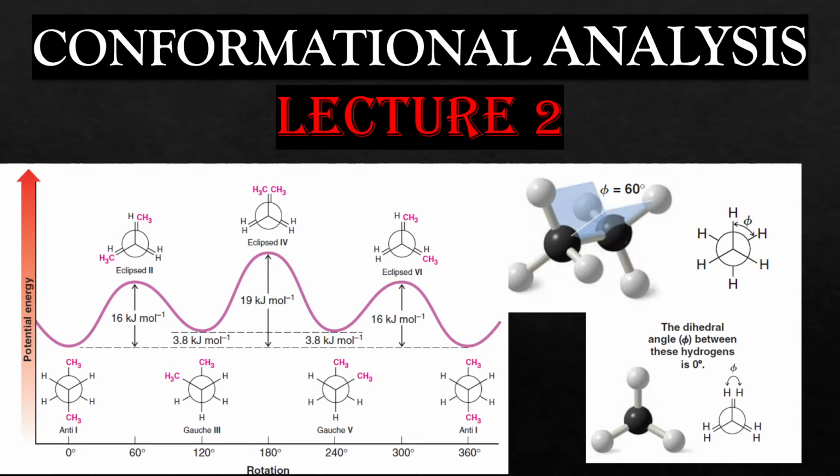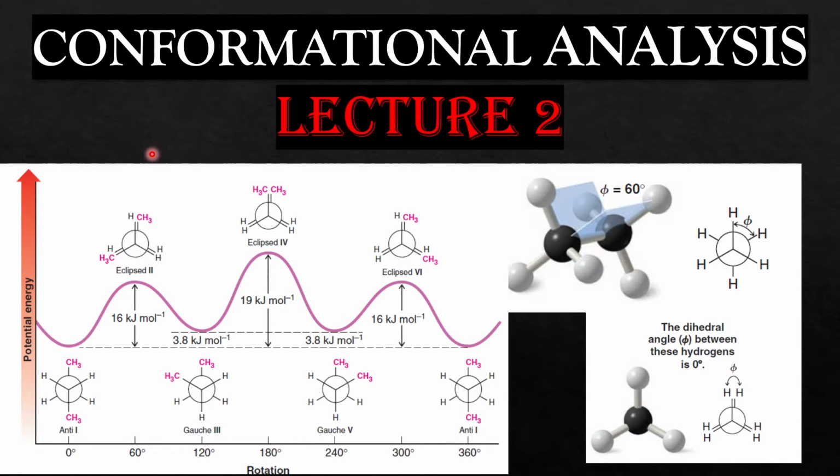This is the second lecture on conformational analysis. In the first lecture, I discussed what conformational analysis is and how to draw the Newman projection formula, because to do the conformational analysis, you need to know the Newman projection formula very well.